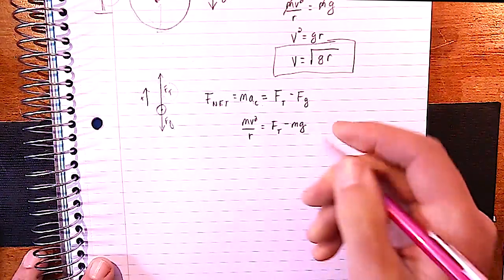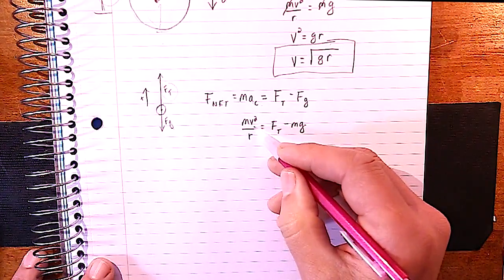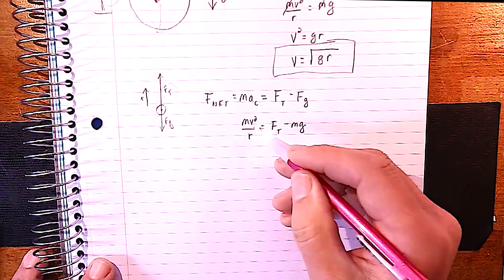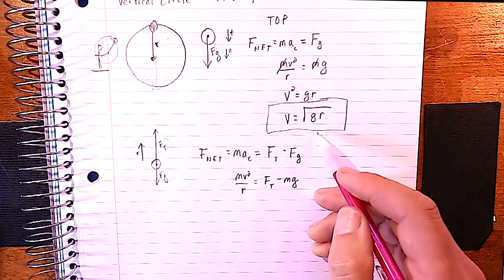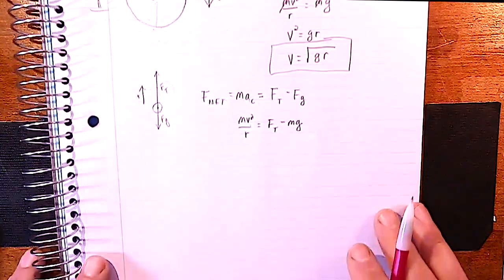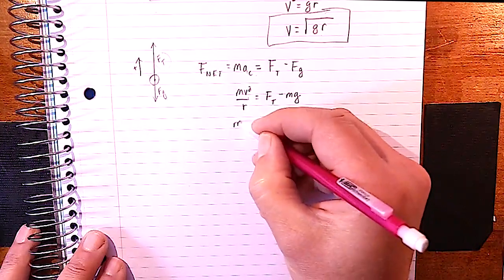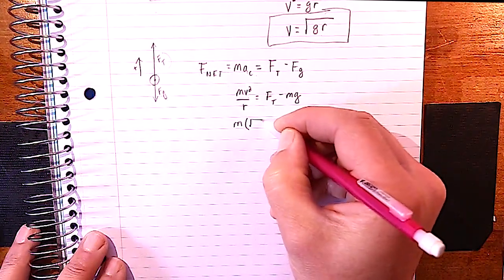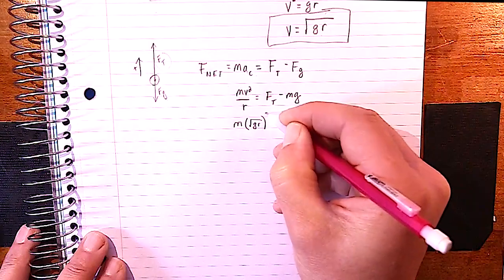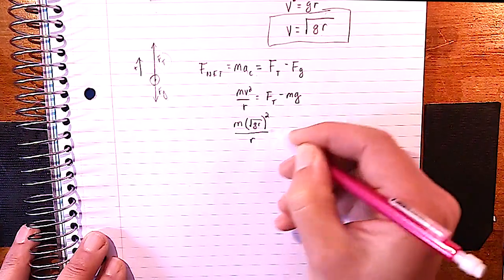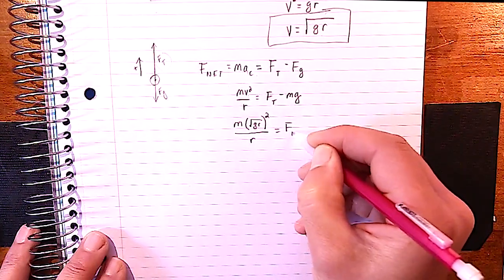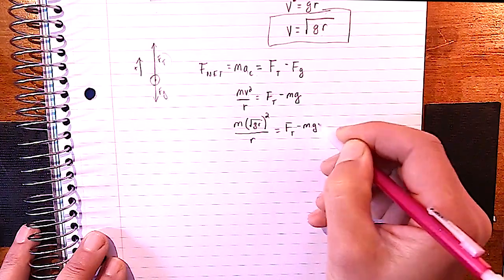So, to solve for v, we know that v is the constant speed that we solved for in the problem before, the square root of gr. So we can sub in, and then that's going to be m times the square root of gr, squared, over r is equal to Ft minus mg.